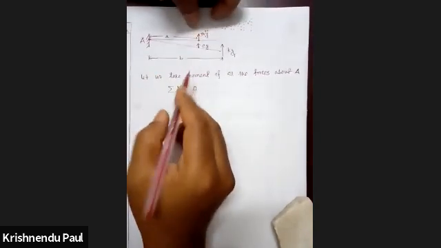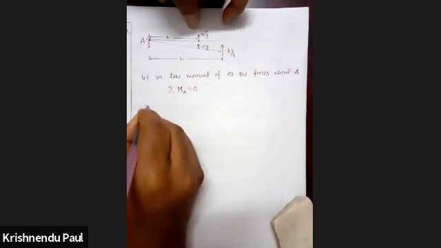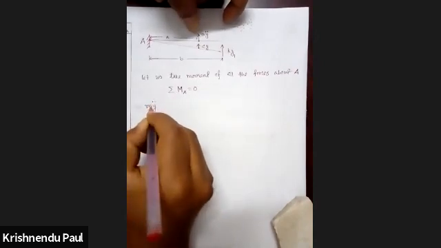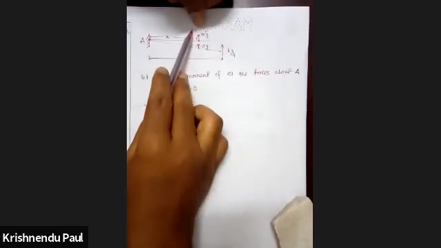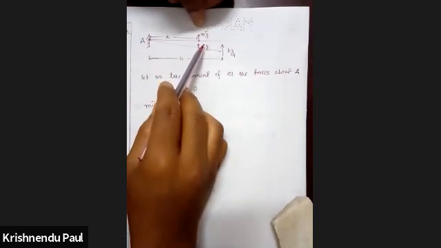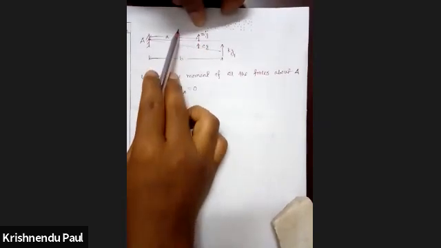Now, if we write this equation, m y double dot is a force acting in the upward direction. So let us assume that anti-clockwise moments are positive for this question.